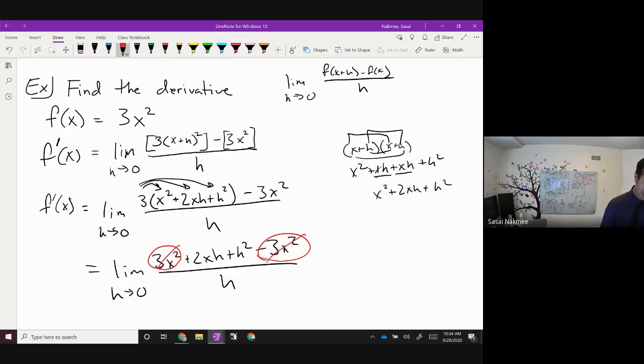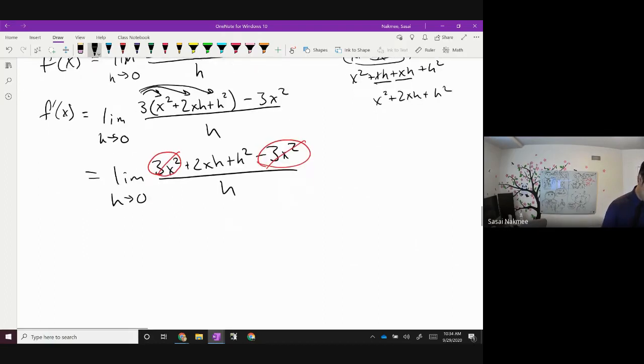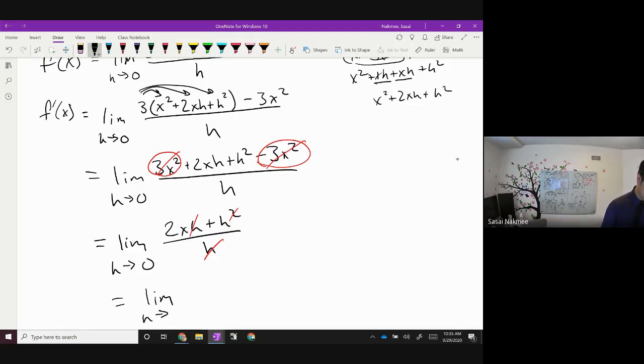I'll just show the work. I don't know why I try to keep shortcutting this. The limit as h approaches 0 of 2xh plus h squared divided by h. I can cancel out 1h from each of these. This is going to be equal to the limit as h approaches 0 of 2x.